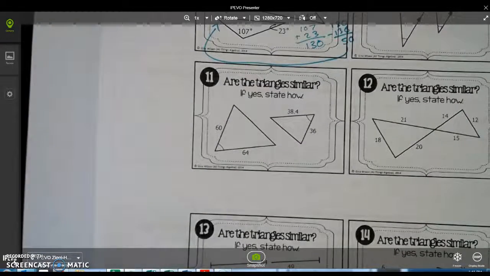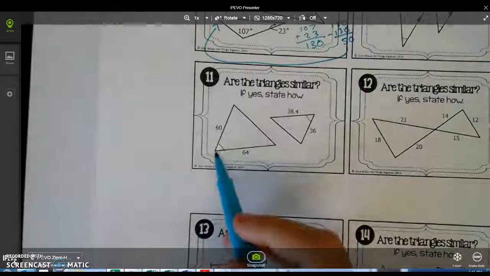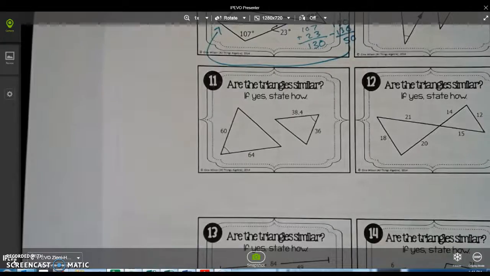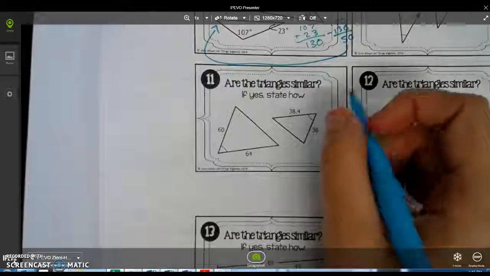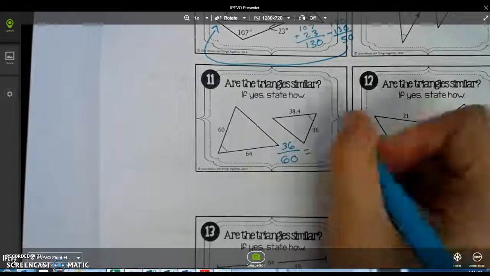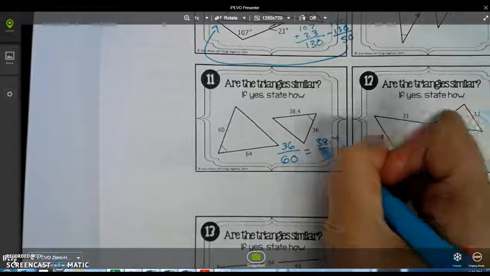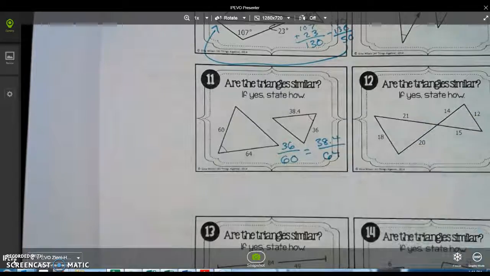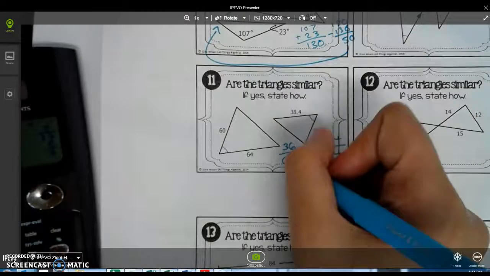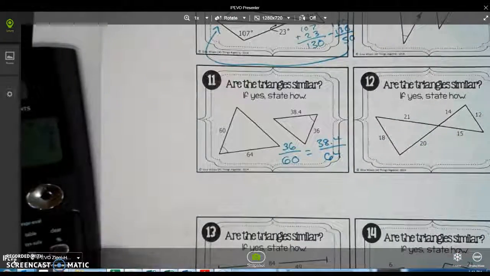Okay, number 11. Well, I've got a side, an angle, and a side. Pretty easy to choose on this one. No other real choice. We're going to put the smaller one over the smaller one, 36 over 60. Alright, let's reduce that.